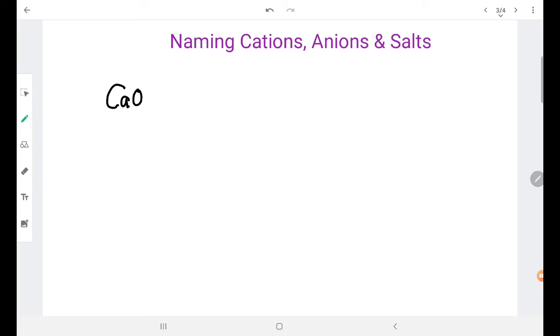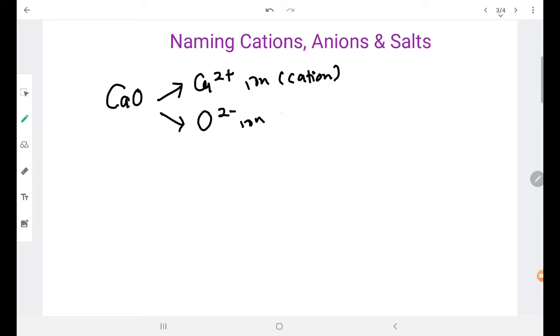So CaO is a salt that consists of calcium 2 plus ion, which is our cation, and O2 minus ion, which is our anion.